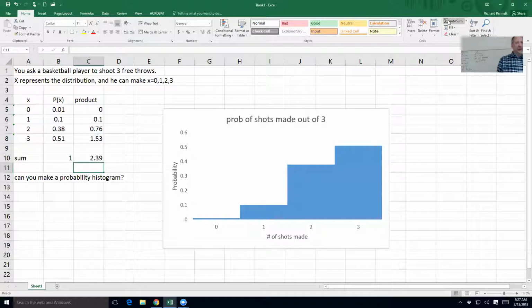All right, so if we've talked about the mean, this is often referred to as the expected value. Okay, as I mentioned before, we would expect 2.39 out of 3 shots to be made.